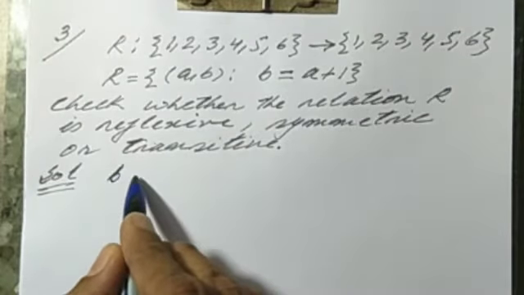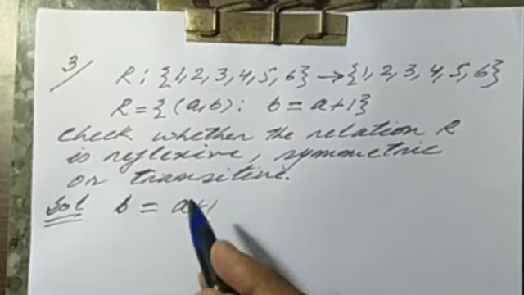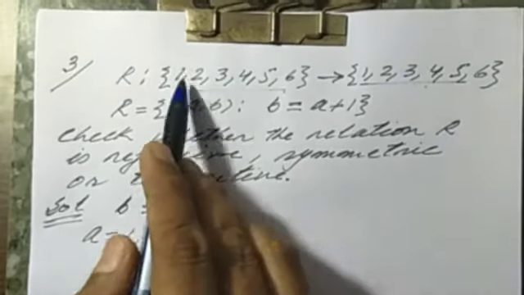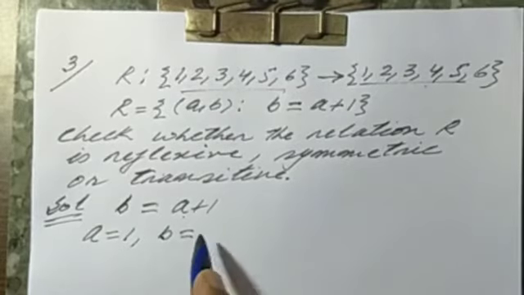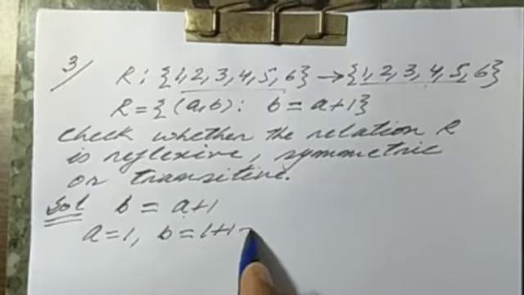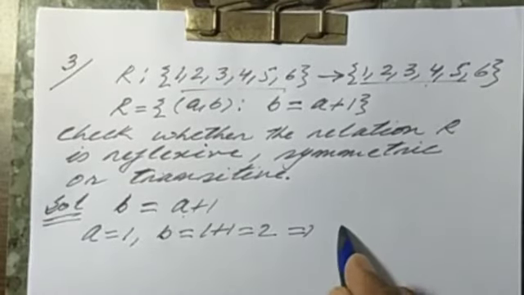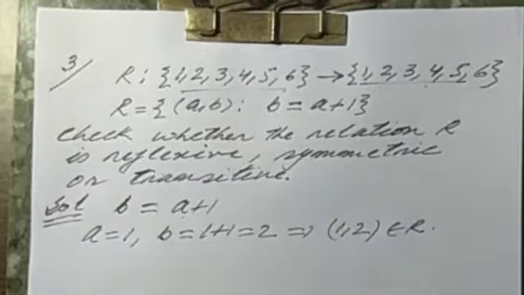So b is equal to a plus 1. So we have to take a as 1, the first element of domain, and substitute in this relation to find the corresponding value of b. So 1 plus 1 is equal to 2. So it implies that (1, 2) belongs to R.